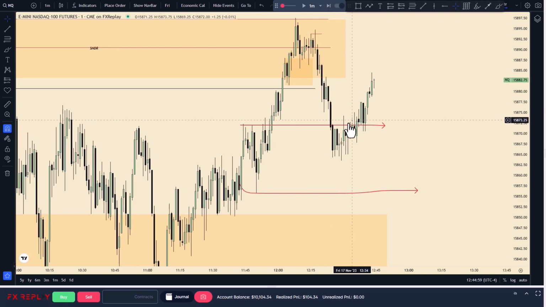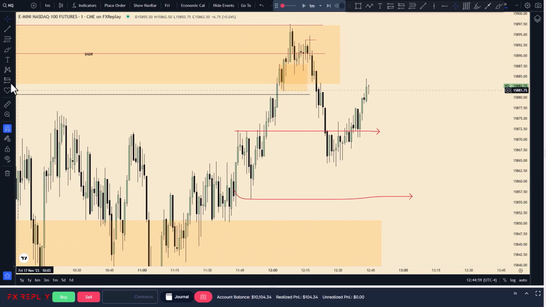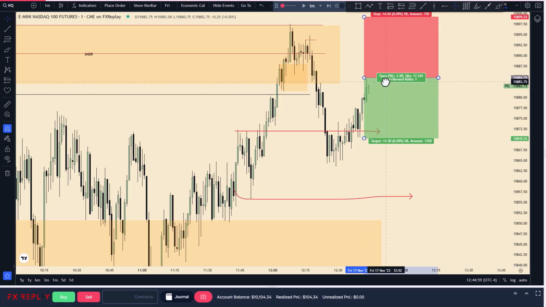But you can see that after we close above it, we have the push to the upside. So just like I said, this is going to happen. This was the logical target. Liquidating this low, tapping into this zone, and as you can see, price did give us that pullback after all.